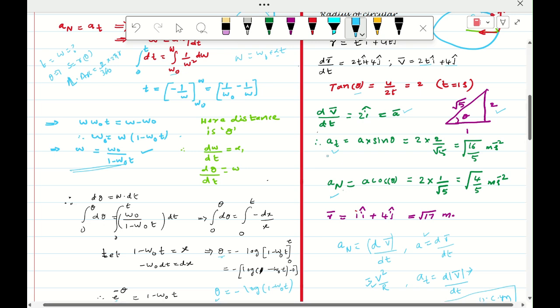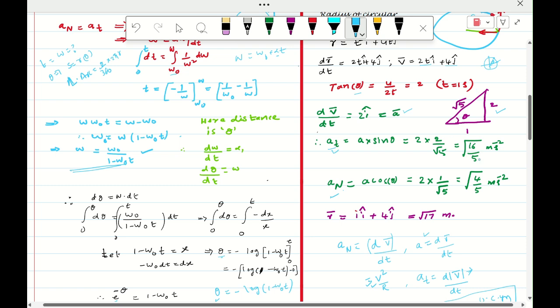Now at is tangential. Therefore, if theta is along the x-axis, at will be in the tangential direction, that is a sin theta, and an is equal to a cos theta. It is rotating like this in the xy plane.